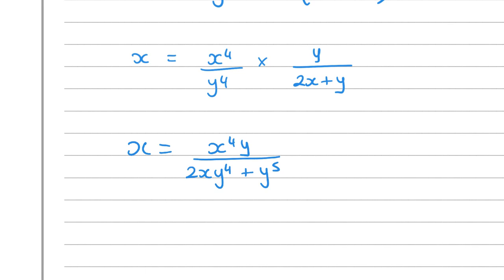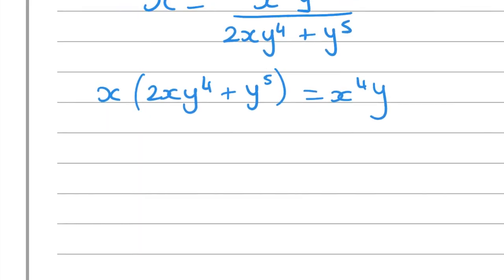I'm going to multiply up on the left-hand side. 2x y to the 4 plus y to the 5 equals x to the power of 4y. So I'm going to get 2x squared y4 plus y5 times x equals x4 multiplied by y.